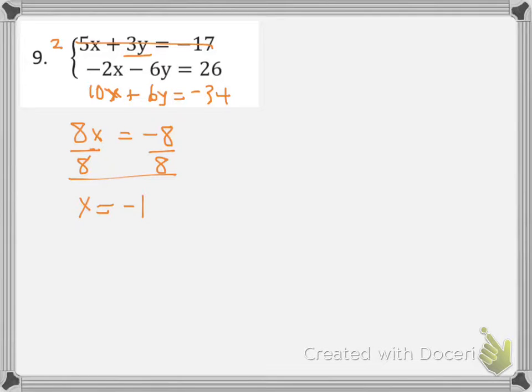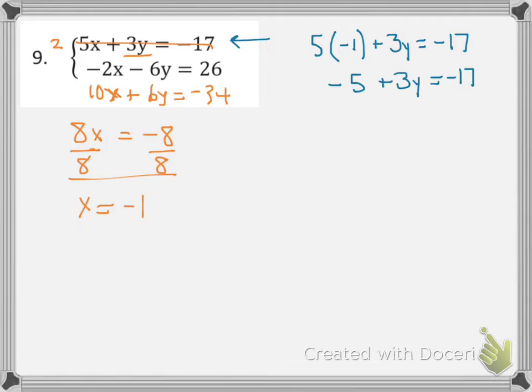All right, and now I can just substitute into either equation. Let's use that top one. 5 times x, which is negative 1, plus 3y equals a negative 17. 5 times negative 1 is a negative 5 plus 3y equals negative 17. And then isolate the y.